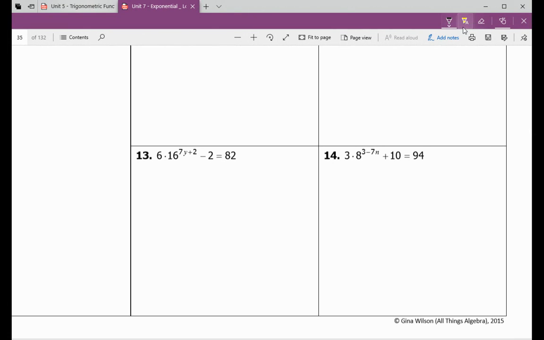So our goal is to isolate the base with the exponent. So the 3 and the 10 have to move before we can log both sides. So I'm going to subtract the 10 first. That gives me 3 times 8 to that exponent equals 84. Divide both sides by 3.